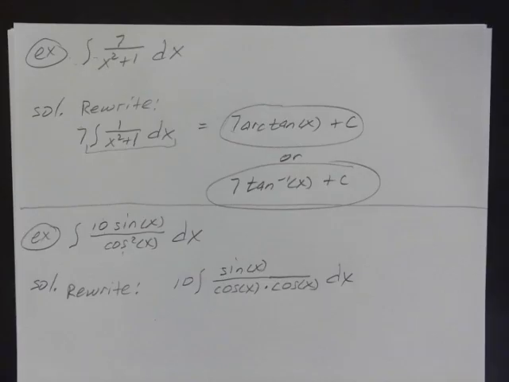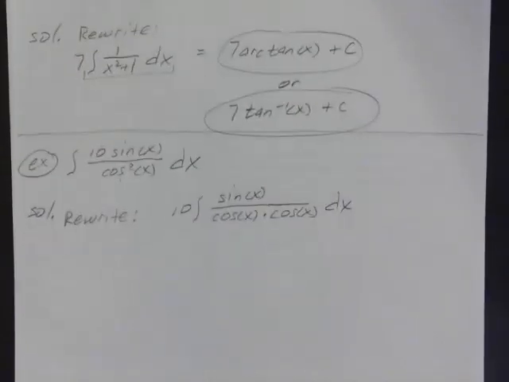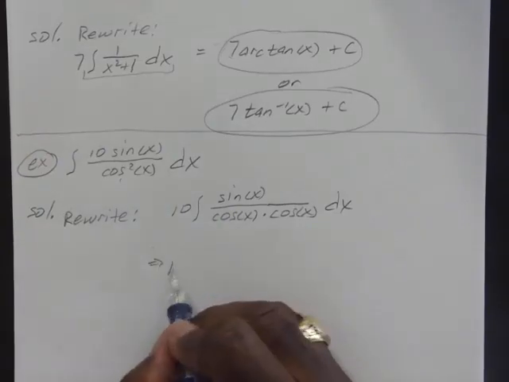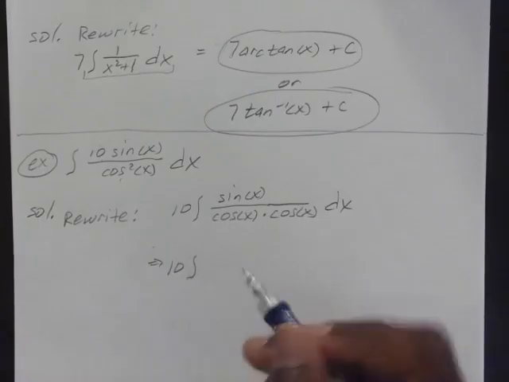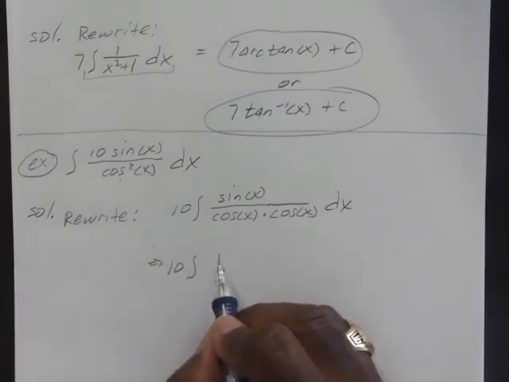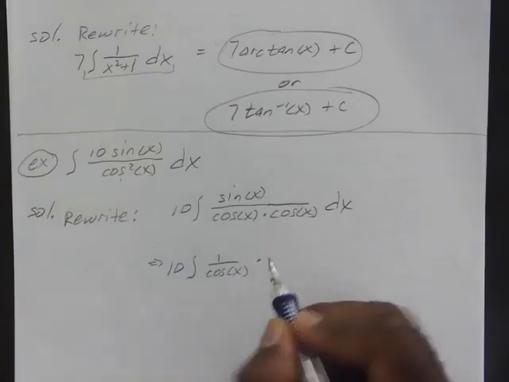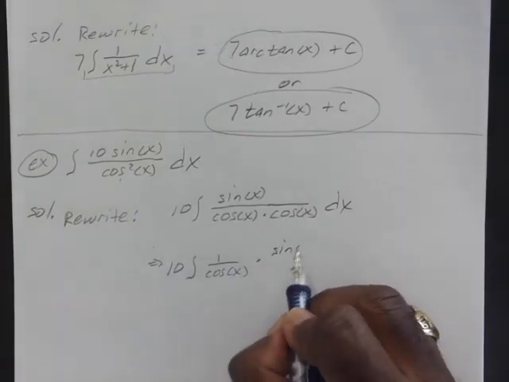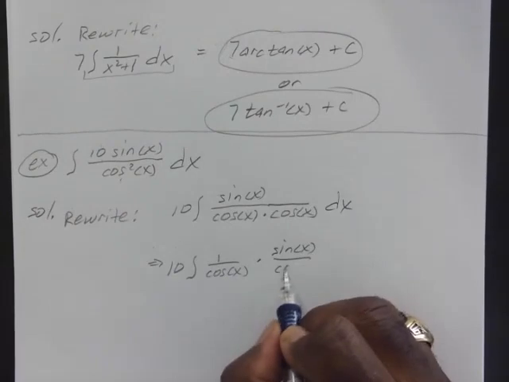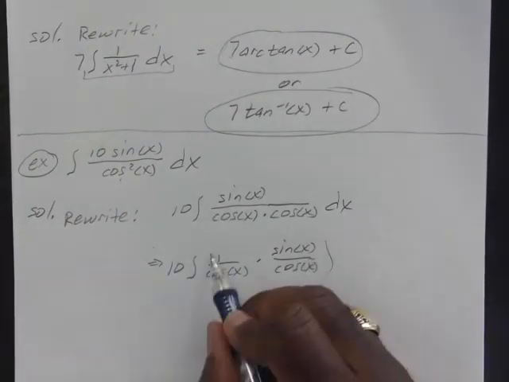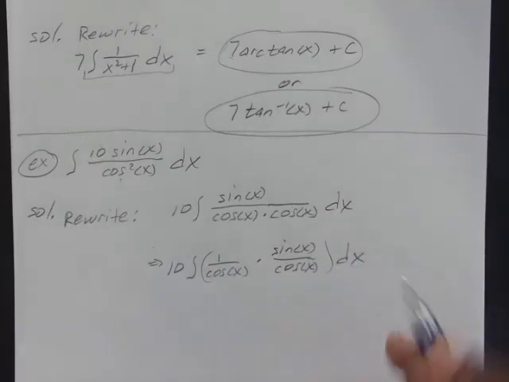Okay, so we can actually split those up. We can rewrite it again. It's 10 times the antiderivative of 1 over cosine of x times sine of x over cosine of x with respect to x.